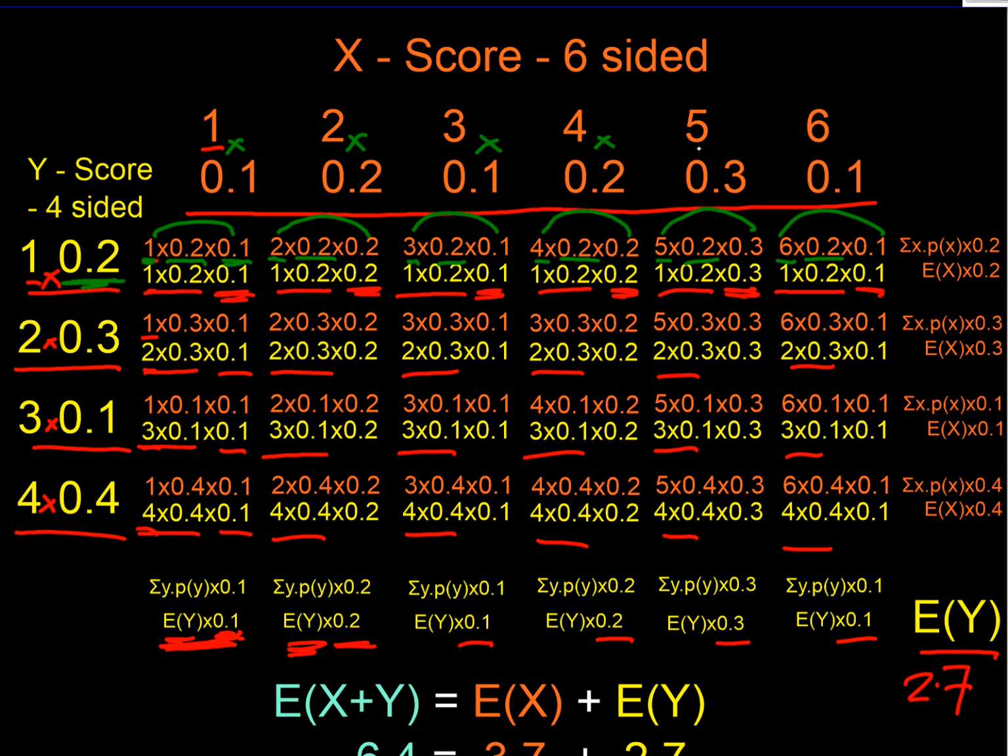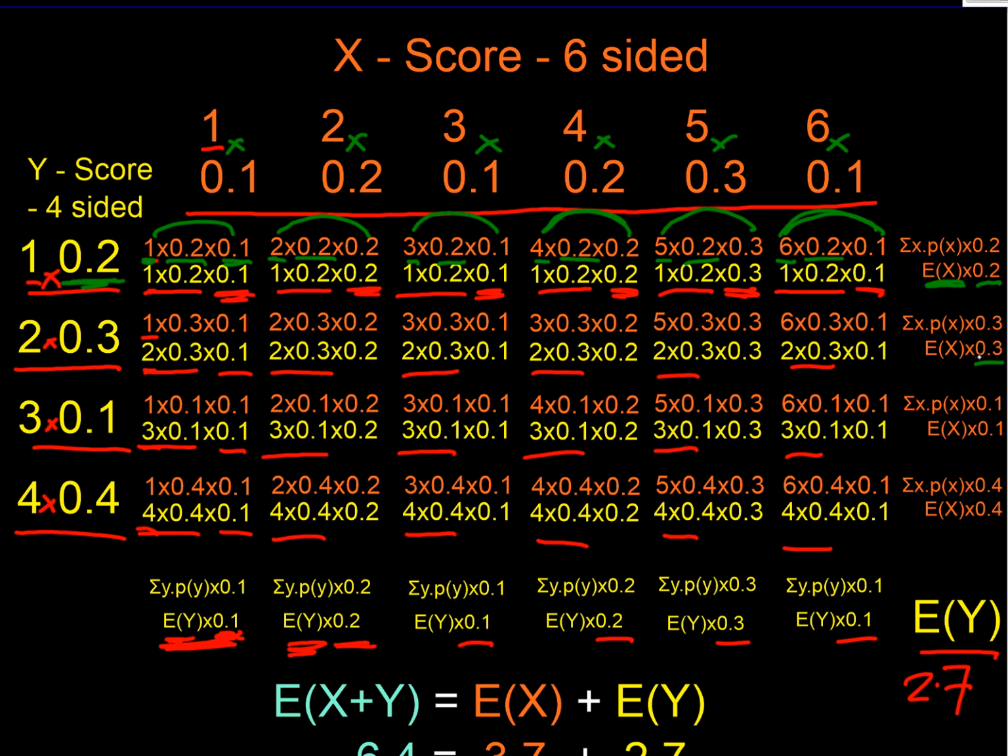And therefore, each of those multiplied together, where I've got the little green line between them, would give us the expected value of x, wouldn't it? And then each of them in the first row is multiplied by 0.2.